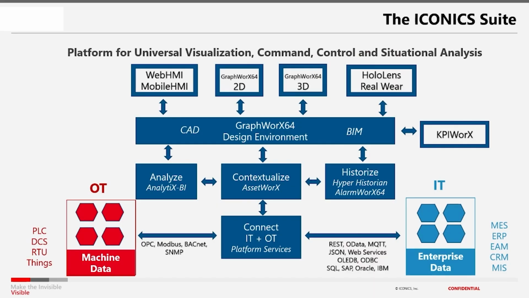When we look into the overall connectivity chart and the information flow, we have been traditionally connecting to PLC, DCS systems, and RTUs for operational data from machines and the plant floor data from field instruments.